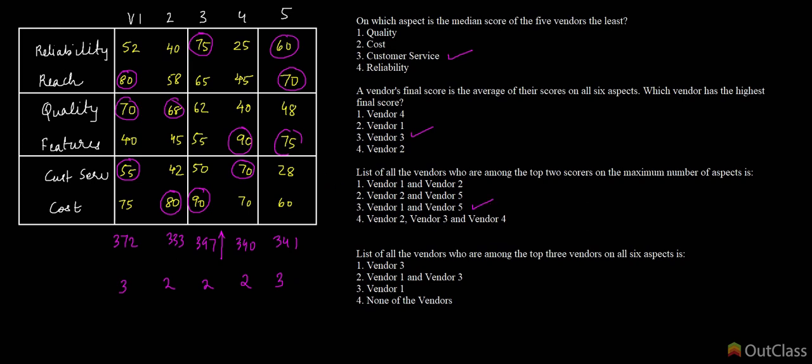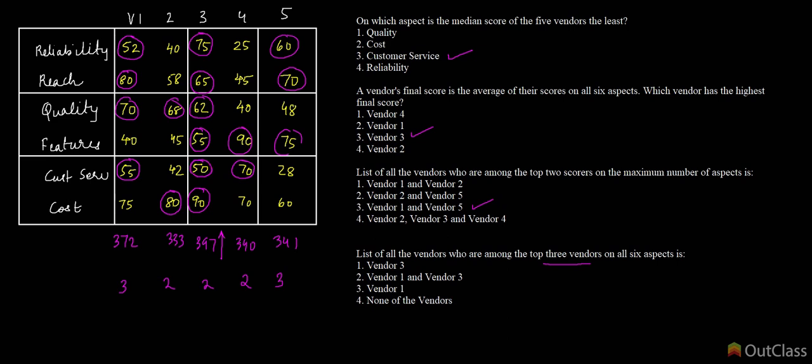Last question: list all vendors who are among the top 3 vendors in all 6 aspects. Top 3 as opposed to top 2, so we'll take the next highest value for each row. So 75, 60 and 52 is also added. 80, 70, 65 is there. 70, 68, 62 is there. 90, 75, 55 is added. 70, 55, 50 is added.